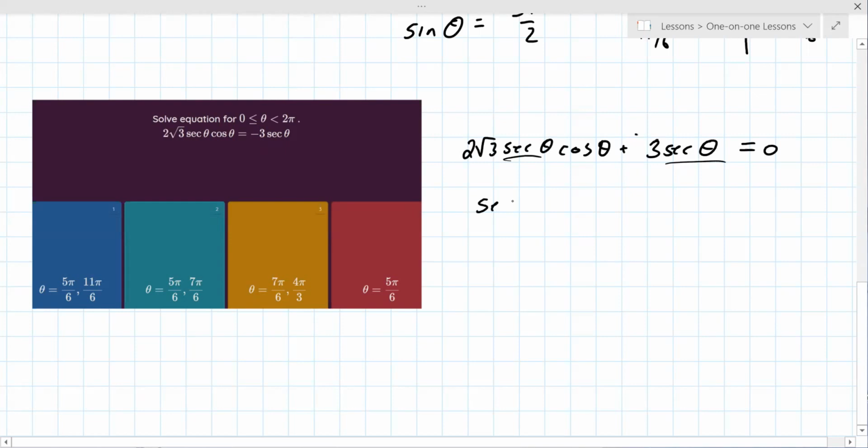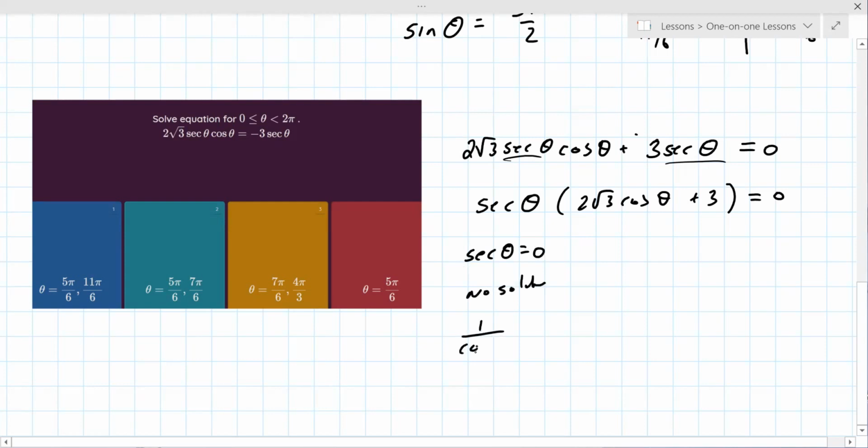So you have secant theta times (2 square root 3 cosine theta plus 3) equals 0. So you set secant theta equal to 0, which has no solution. If you're not sure why, remember secant is 1 over cosine, and there's no way to make this 0.